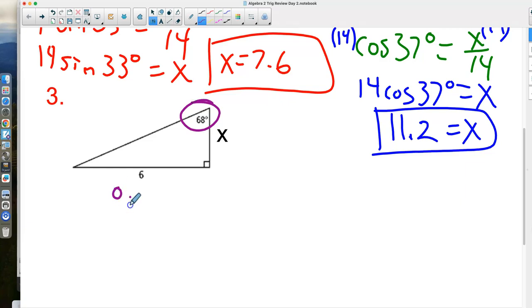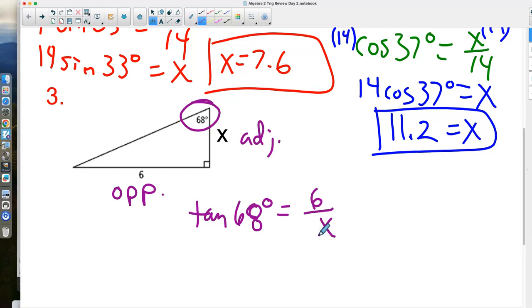Opposite. How about the x? Adjacent. SOHCAHTOA. Which one? All right, so the tangent of 68 degrees equals opposite over adjacent, and things got a little weird, right?